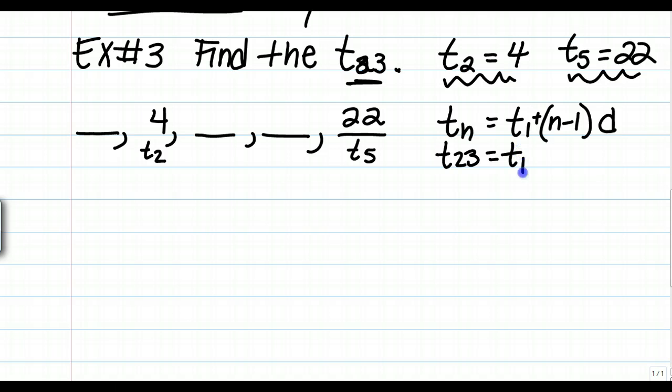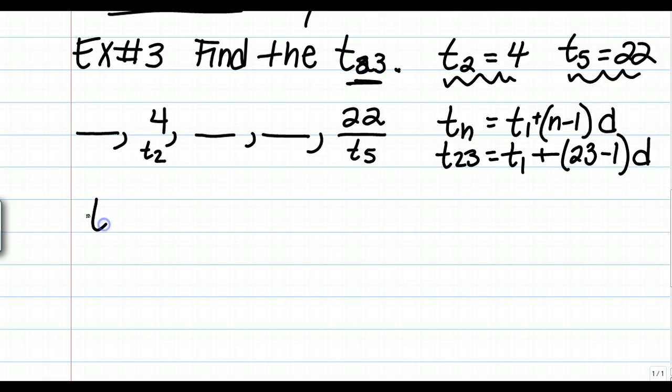We don't know what the first term is, unfortunately. We know that this is going to be 23 minus 1, and we don't know what our D is or what we're adding each of these by, so we're missing too many pieces. We're missing the first term and what the difference is. However, we can use these two terms in order to find it.